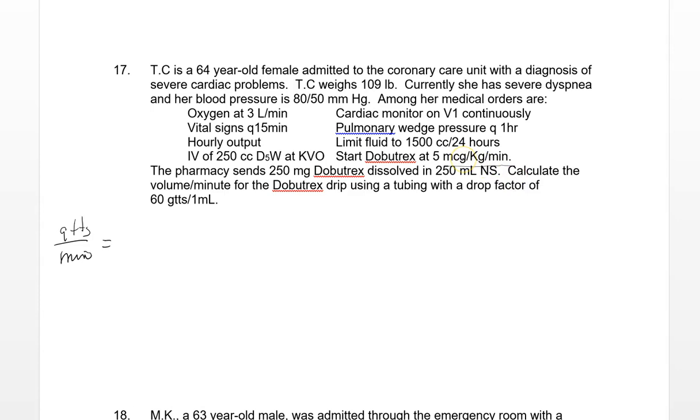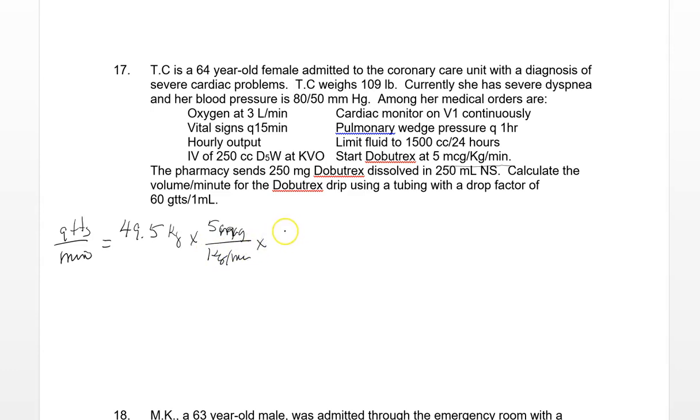The first thing we need to do is the patient weighs 109 pounds. So she weighs 49.5 kilos. And we're going to give it at 5 micrograms per kilogram per minute.